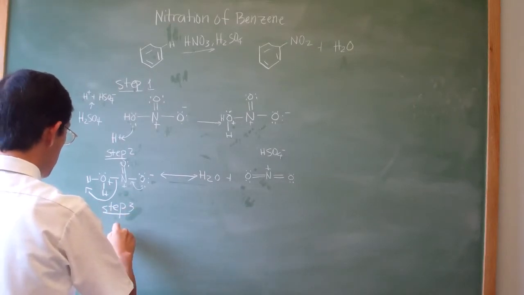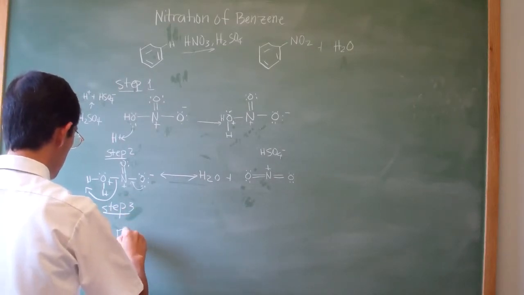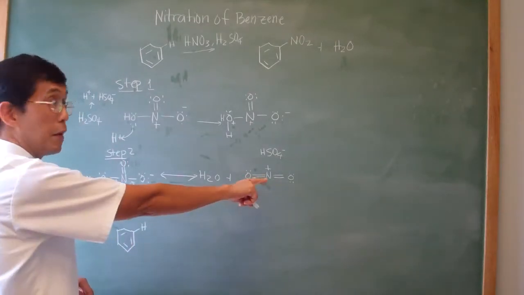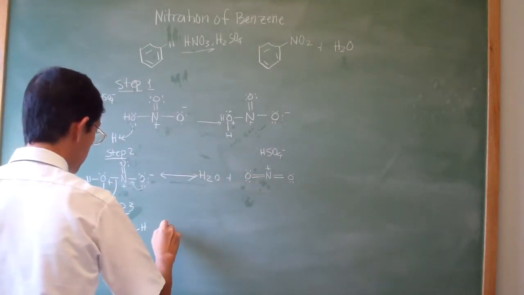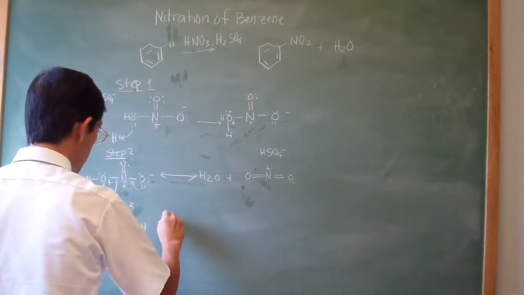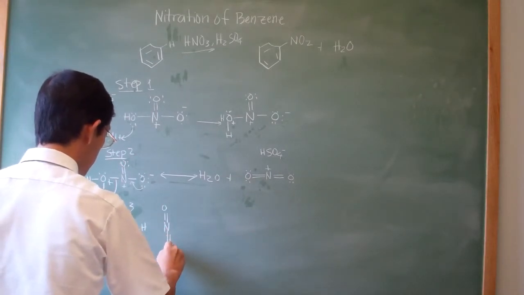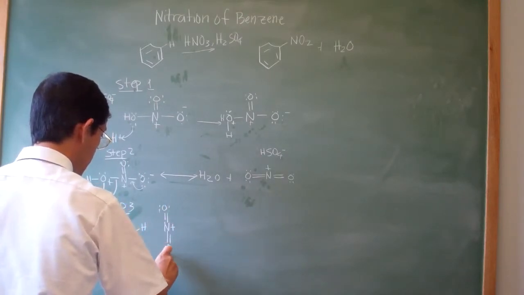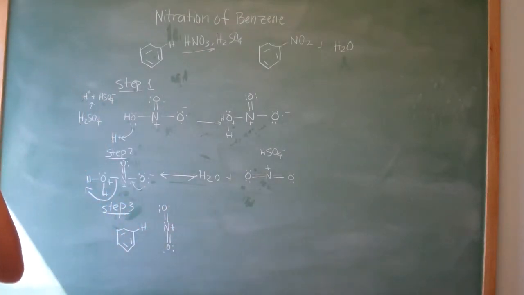So now the benzene with an H there will react with the electrophile, which is the nitronium. Double bond O, double bond O. We have a plus charge there, 2 lone pairs on each oxygen.